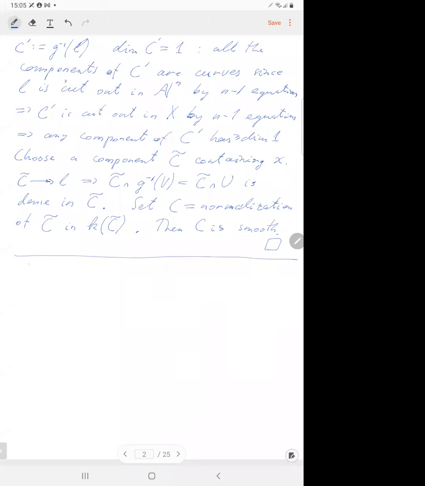It's called the evaluative criterion of separability in terms of curves, namely, it goes as follows. So X is an algebraic variety.